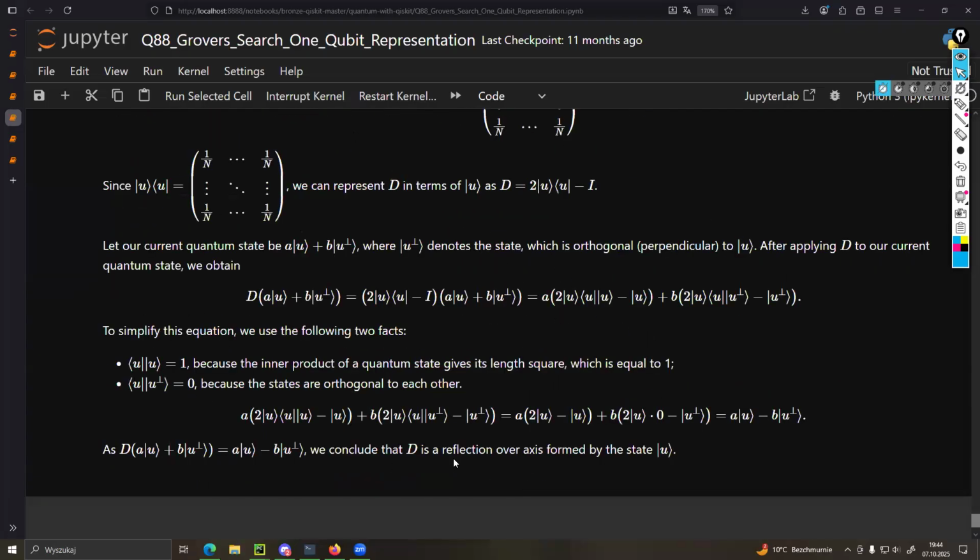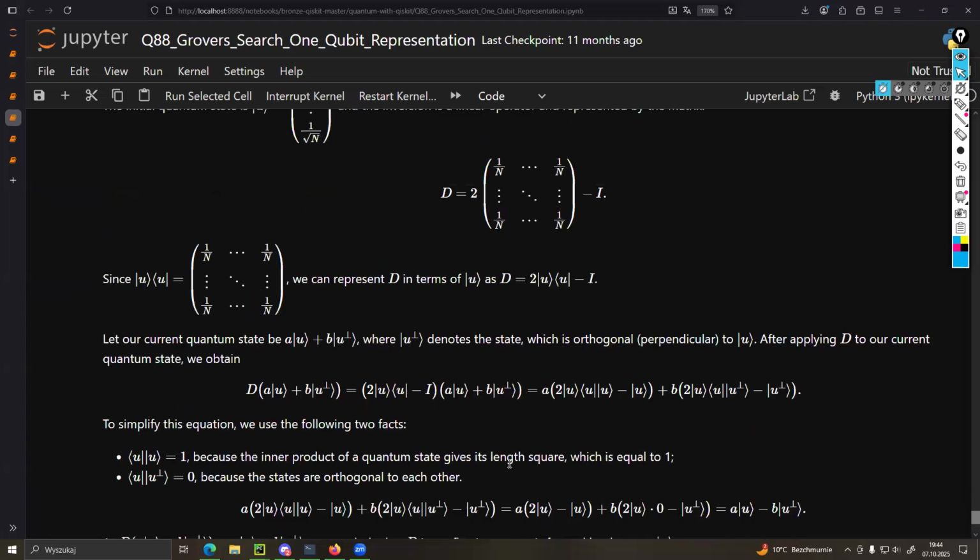Here is also a notation-wise operation presented to you. There is yet another thing that I didn't showcase to you on day one, which is that we always wrote these ket vectors, right?